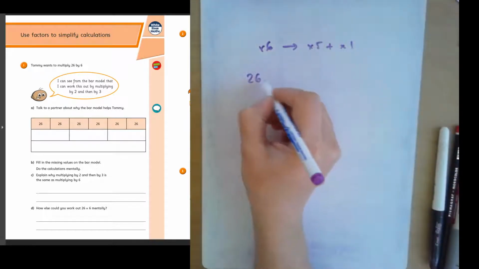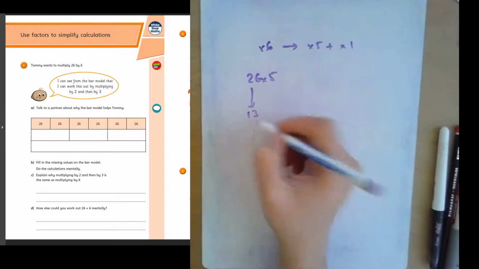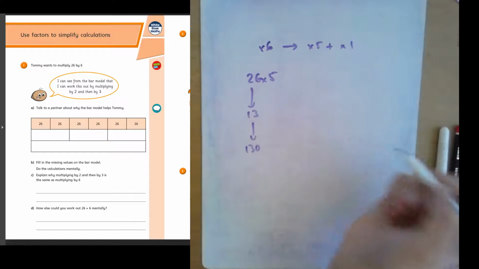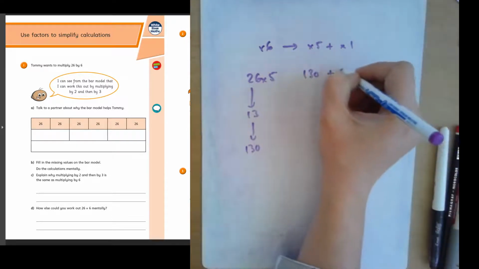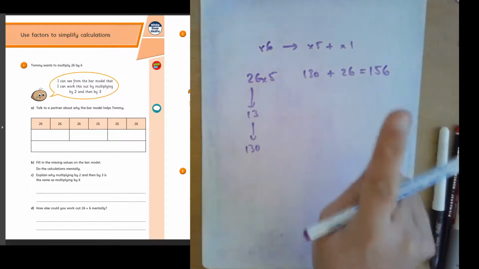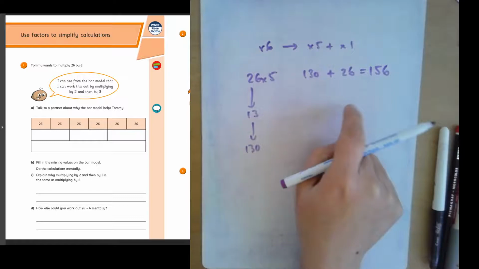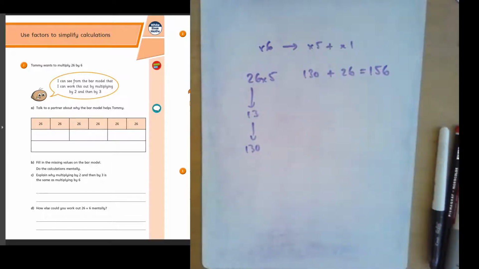So if I did 26 times 5 in my head, the first thing I do is I half this, which is 13, then times it by 10, which is 130. And then all I have to do is 130 plus 26, which is 156. That is one method that you could use to get to the 156, but I'm sure you guys will come up with quite a few more.